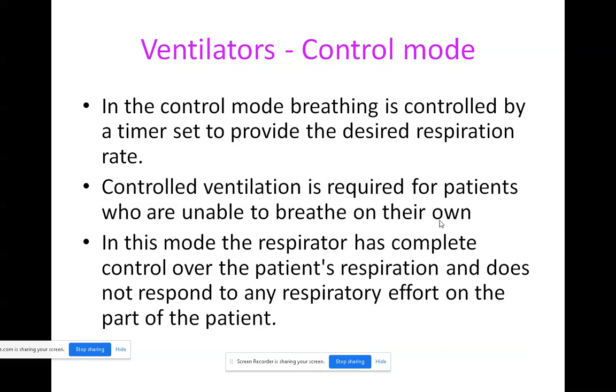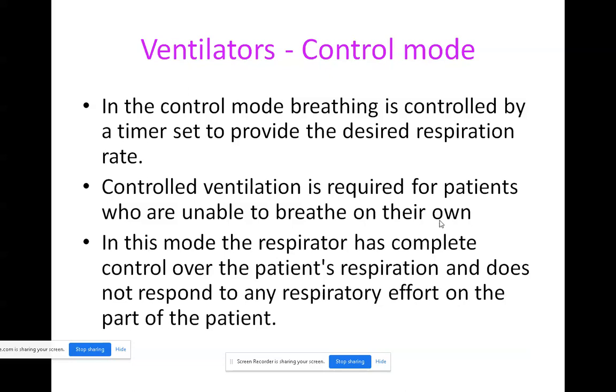In this mode, the respirator has complete control over the patient's respiration and does not respond to any respiratory effort on the part of the patient. So the patient's lungs completely depend on the ventilator. But in assist mode, it depends on the lungs for the respiration process.